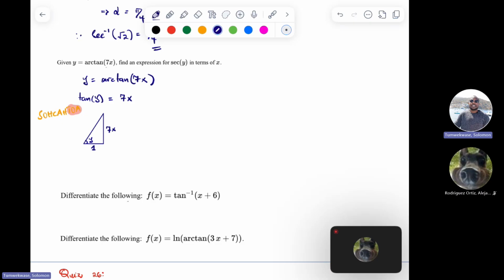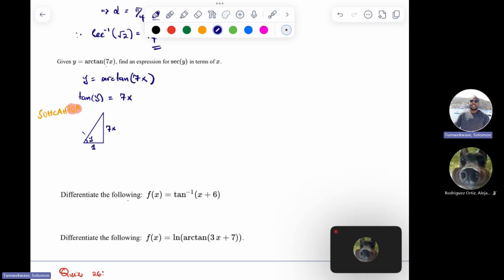And from Pythagoras theorem, I can tell that the hypotenuse is 1 squared, which is 1, plus 7x squared, the whole of it under a square root.